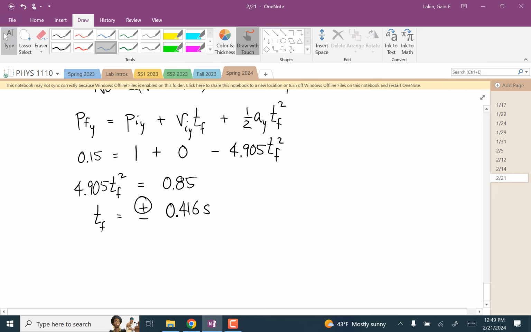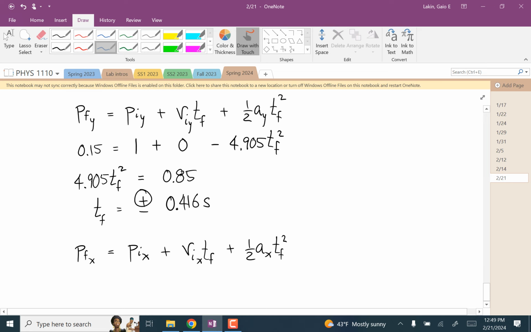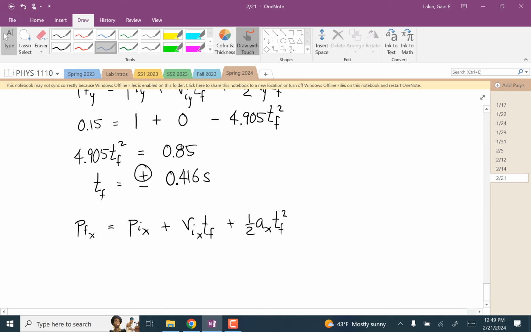And now that we've found this, we can plug it into this equation. PFX is equal to PIX plus VIX TF plus 1/2 AX TF squared. And so PFX is equal to 0 plus 5 times 0.416 plus, now AX is equal to 0, so this third term goes away.